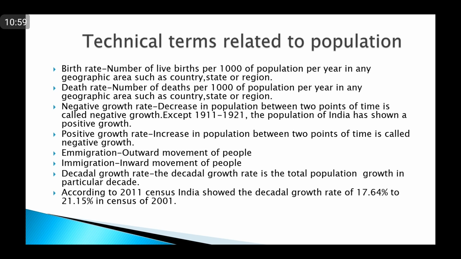Then the rate or the pace of population increase is the other important aspect. The rate, getting it? It is studied in percent per annum, okay. Suppose there is a rate of increase of 2% per annum. What does it mean?